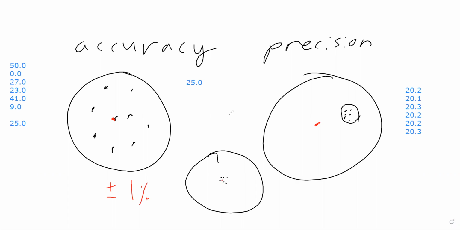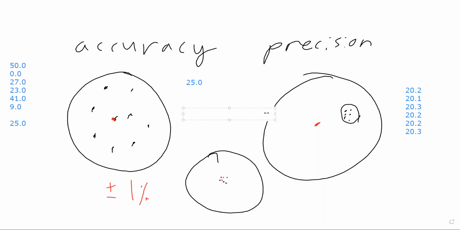And maybe for precise, I would get 23 extra small shirts, which is very precise. They're all closely grouped. They're all the same kind. Not helpful. Not what I wanted. So I hope that's a helpful example for why we want things to be both accurate and precise.